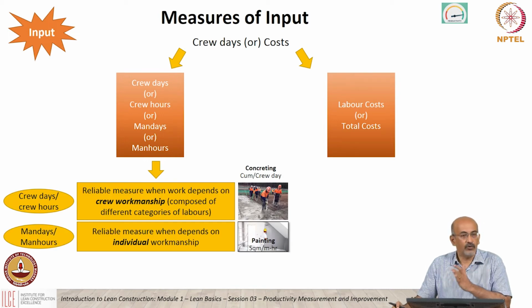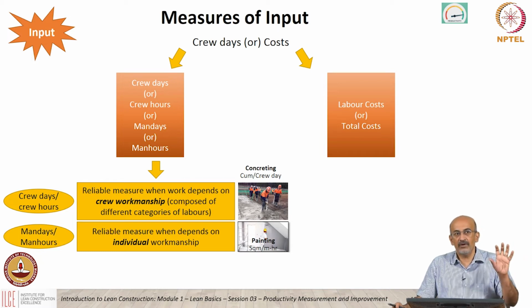How do you actually want to go about deciding the input? And it makes a difference. For example, if I'm going to use man days, which means I'm taking a crew and I'm taking the individuals in the crew, it would mean that almost each individual is contributing equally.